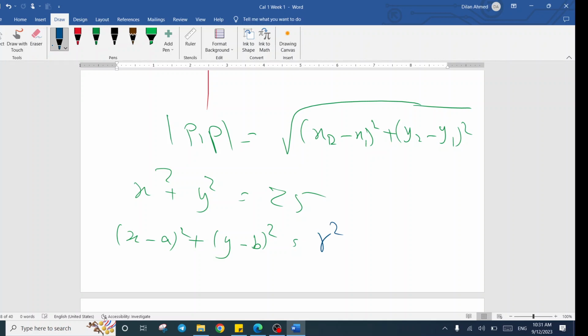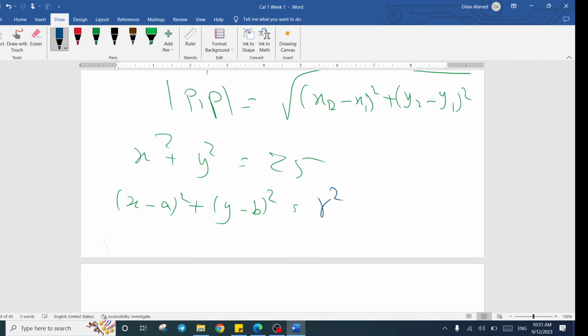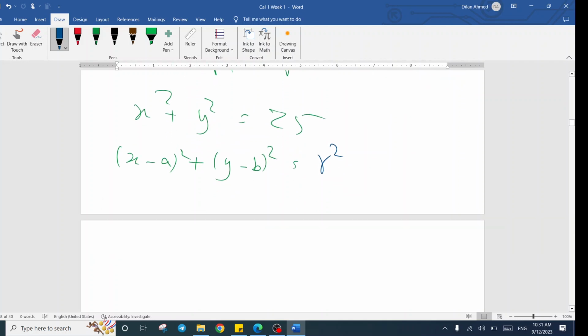It's the equation of what? Sphere. Circle, cylinder, right circle, hemisphere.